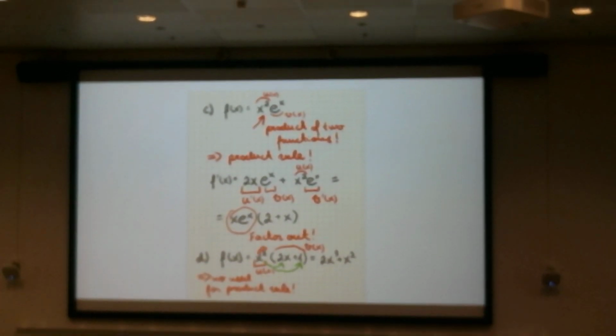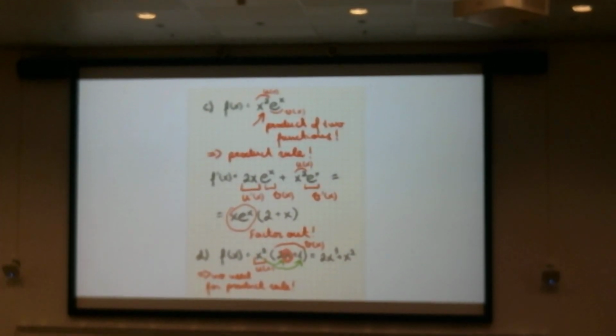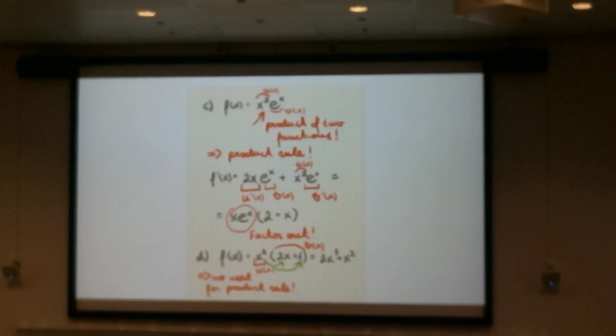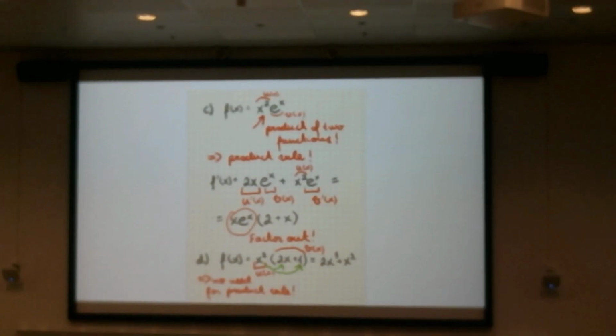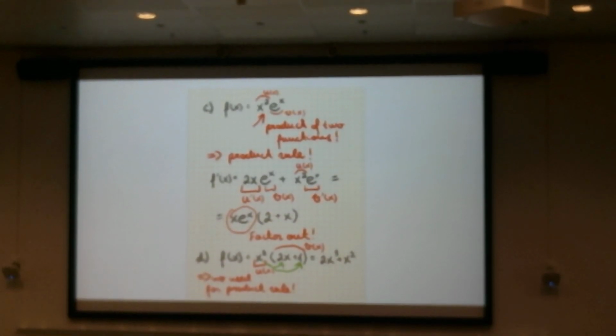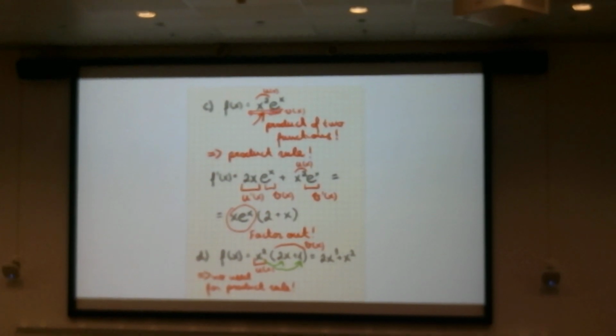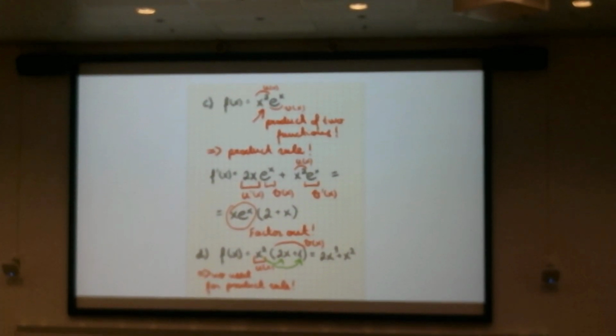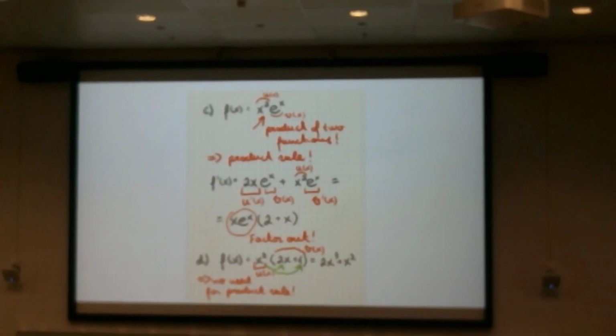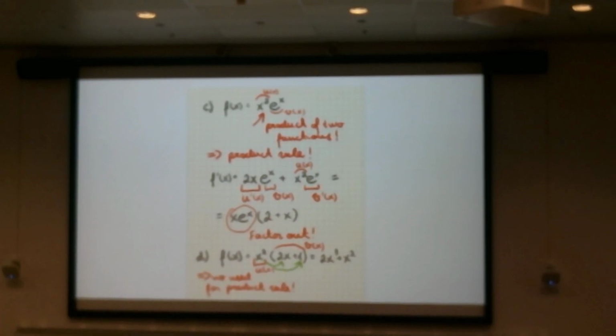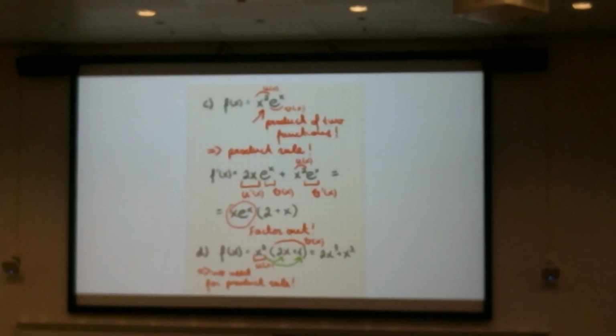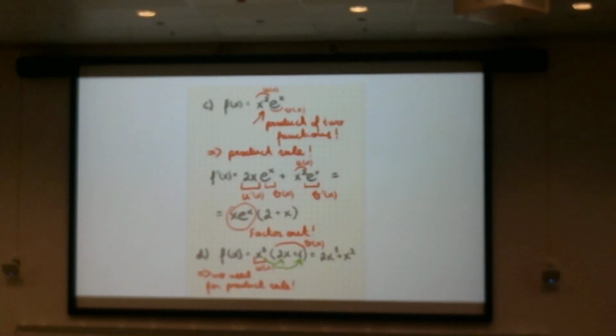Because we have x squared here and x here, meaning x to the power of 1, that's the same base, and we can merge the powers to get x to the power of 3. But here there is no way to simplify. You need to take the derivative of a product of two functions which cannot be simplified any further. So you just need to proceed with a product rule. There's no way out. Right?